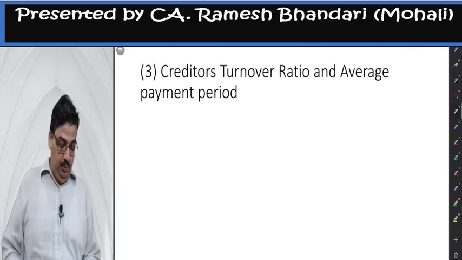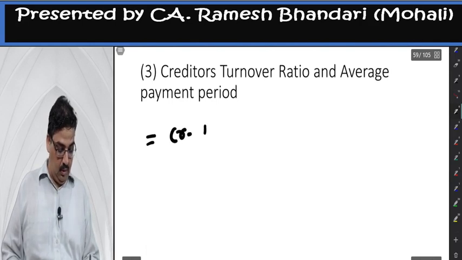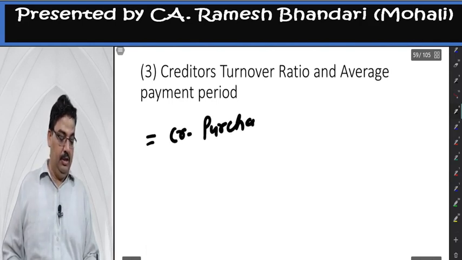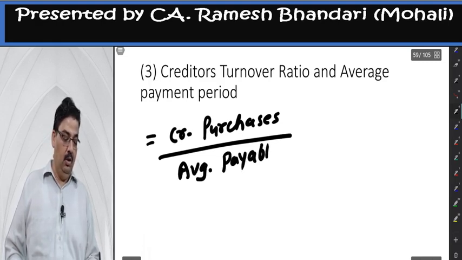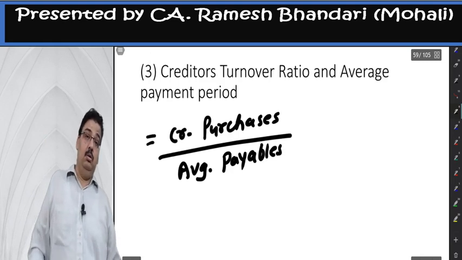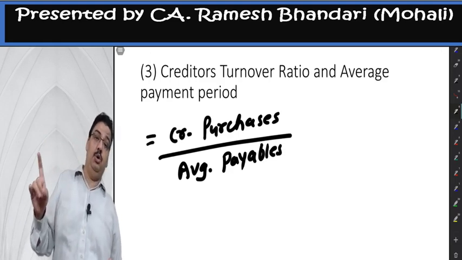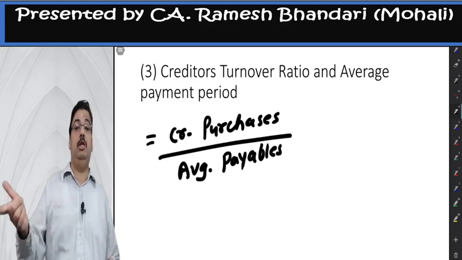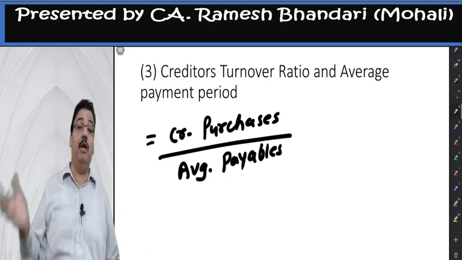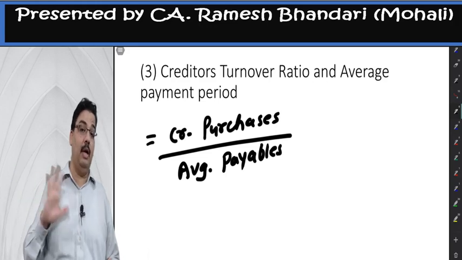Creditors turnover ratio. Credit purchases divided by average payables. Now remember, in debtor turnover ratio, the denominator debtors included BR, bills receivable. BR is nothing, those debtors who have given you in writing.